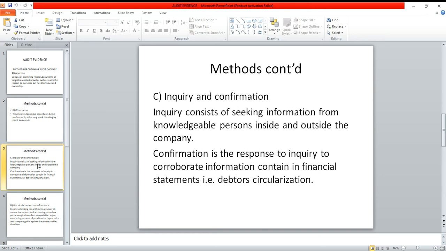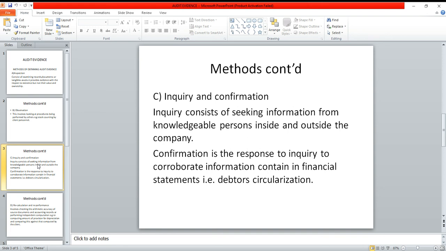So the auditor has the duty of seeking to know information that might have an impact on his decision making.